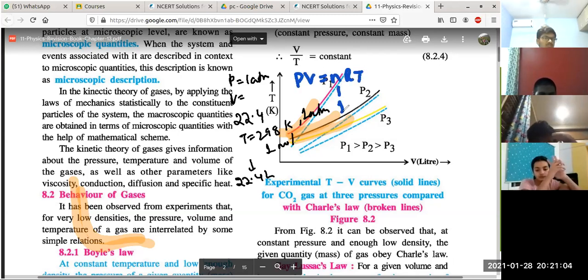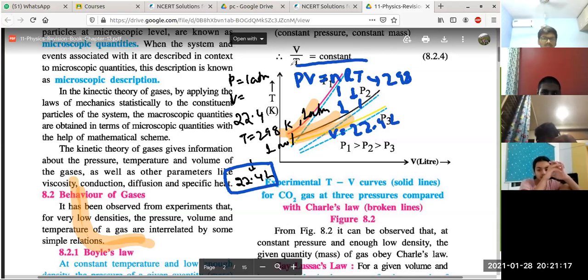If you put n as 1, R as 0.0821, and T as 298 Kelvin, you will get volume as 22.4 liters. So this volume is coming from the ideal gas equation.